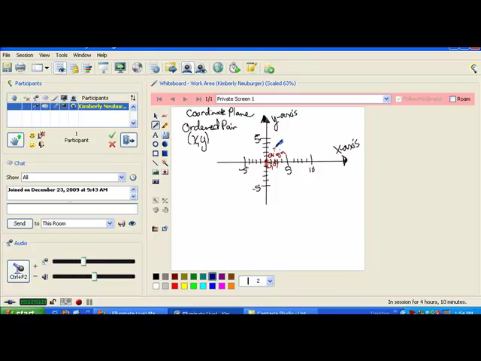In this case, for 2, 3, it lands right here. And normally you put a dot there for that location, and then you label it with the coordinates.